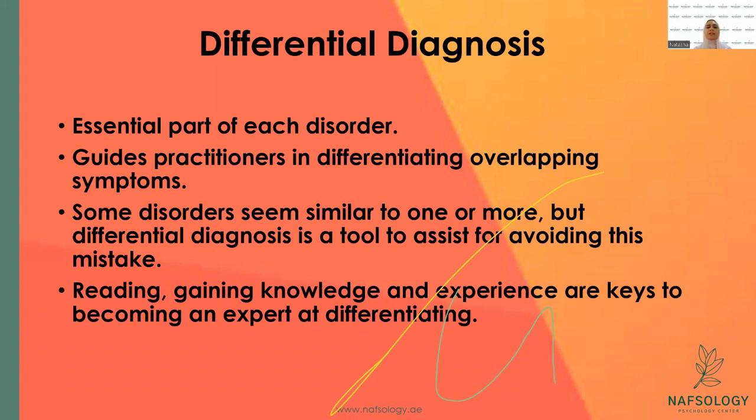For example, let's say OCD is in the chapter of anxiety disorders, and then OCPD, which is obsessive compulsive personality disorder, is in the personality disorders. So you would be wondering why these were put in two different chapters. But if you are well read in the differential diagnosis and you understand why, then you get a clearer picture of what the difference is, right?